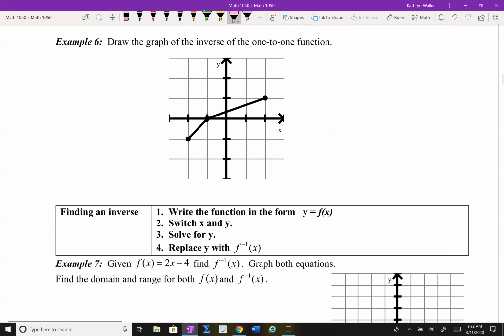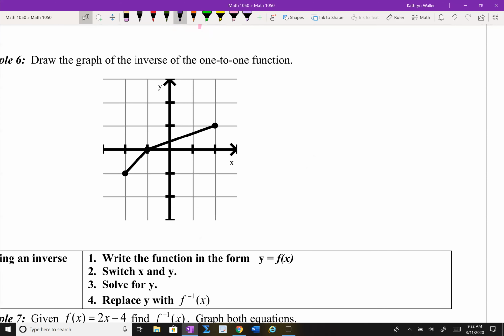Okay, so when you're graphing an inverse, the first thing I always want you to do is graph the line y equals x. Okay, so take your pencil and draw in the line right there, y equals x. Now, I'm going to show you two different ways to do this. The way I do it is a little weird, but once it clicks to you, it's like so easy.